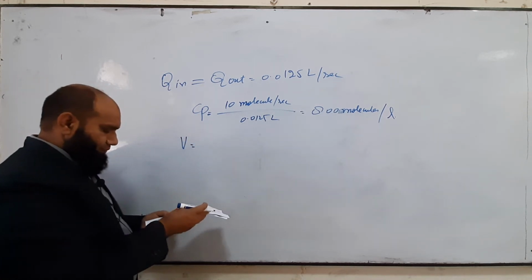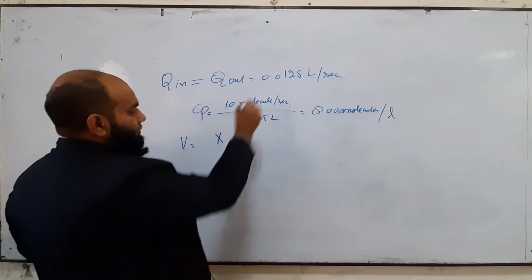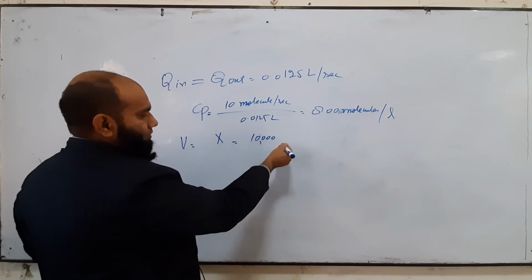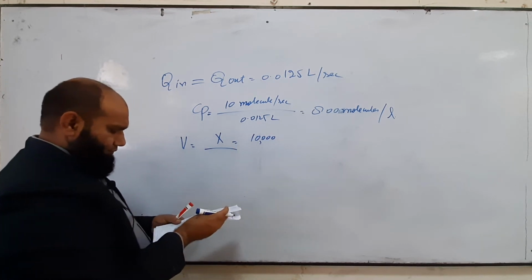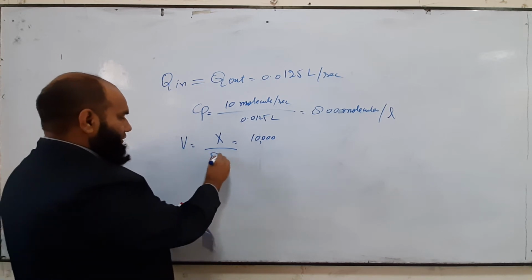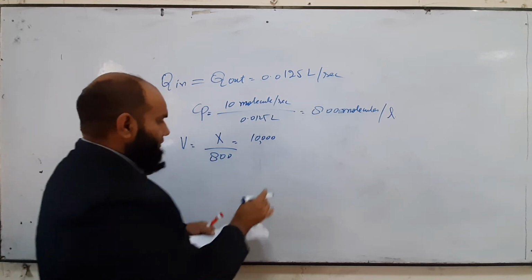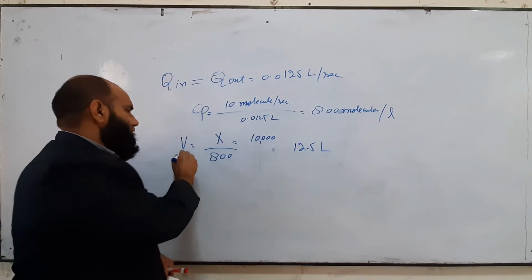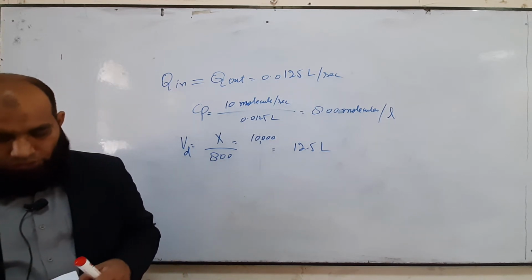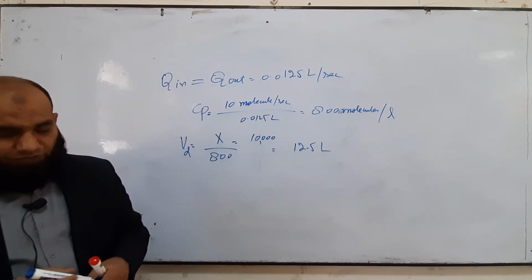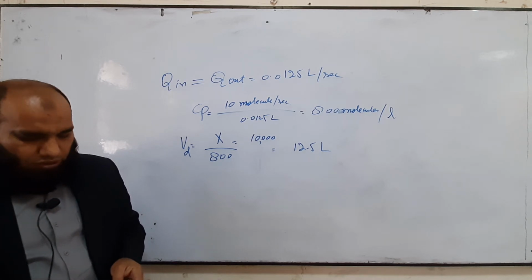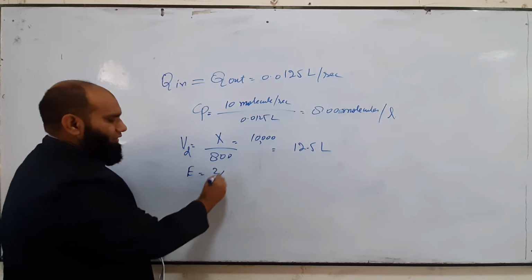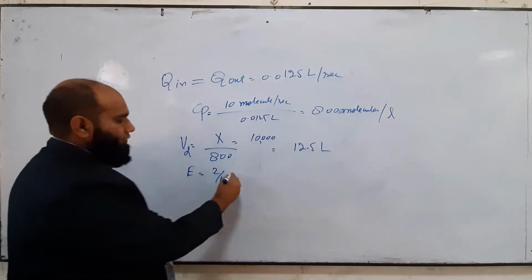Volume of distribution is the dose, which I have written in the start of this experiment, that was 10,000, 1 into 10 power 4, divided by 800, its Cp. Then we have the Vd, which is 12.5 liter. Vd of the drug is 12.5 liter. Now we can check the efficiency in the form of the E value, that was 2 by 10, the efficiency or extraction ratio, that was 0.2.